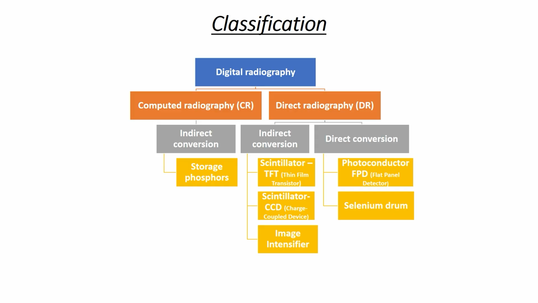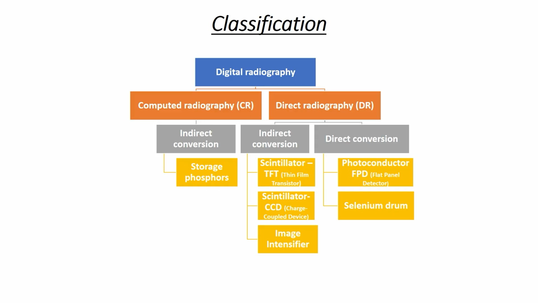The computed radiography further has certain properties: it has indirect conversion, and it has a storage phosphor plate to store an X-ray image. Now, direct radiography has two types of conversion, indirect conversion and direct conversion.